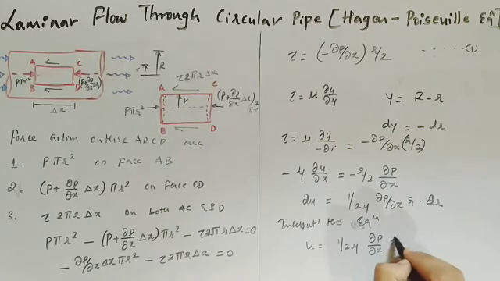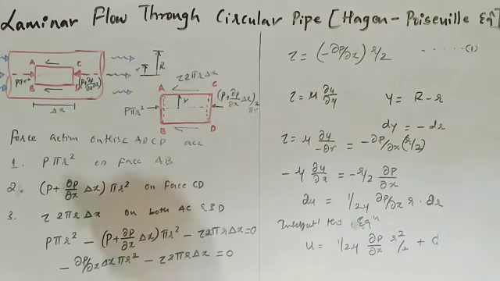So it will be r square by 2 plus an integration constant. Now we have got the u equation, but this integration constant has to be identified. That is very important. This integration constant, we cannot keep it in the velocity equation, so I need to identify this integration constant.